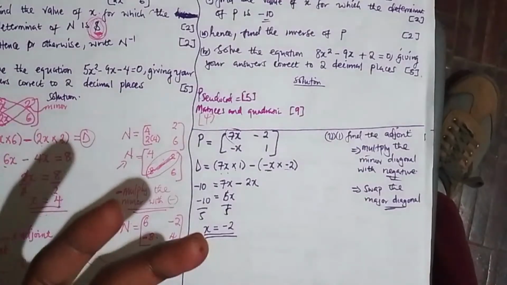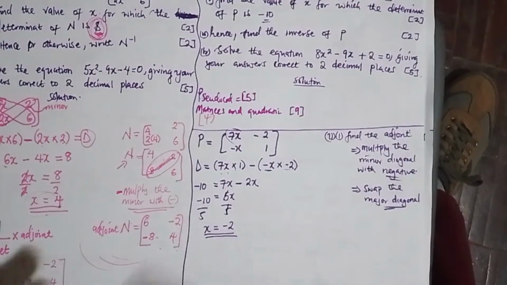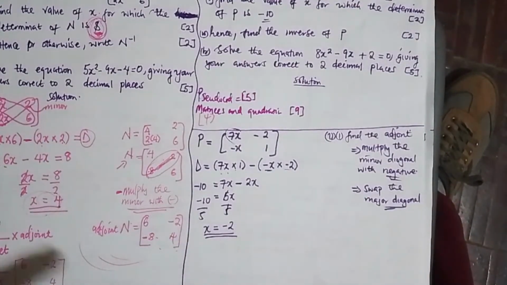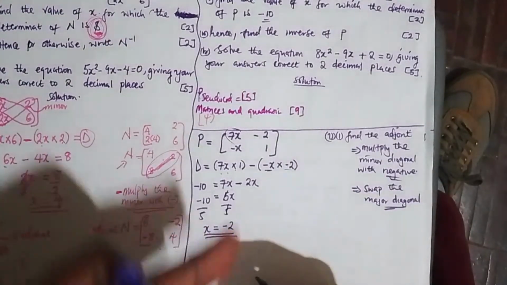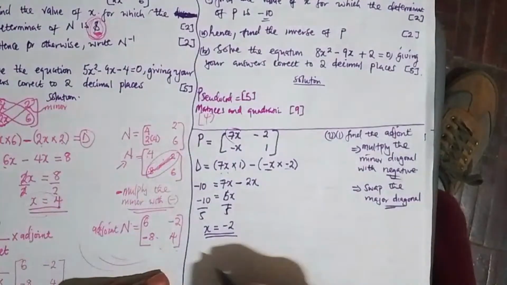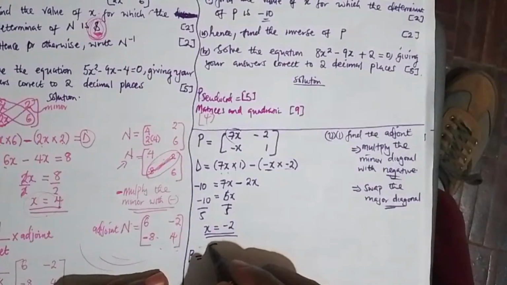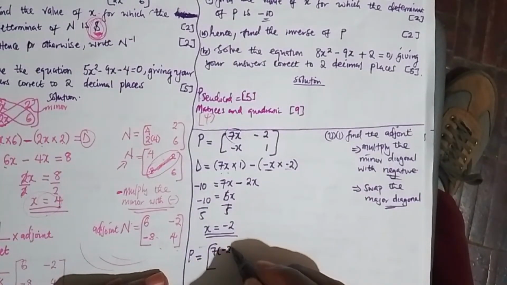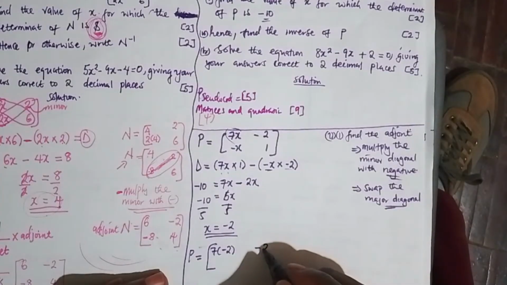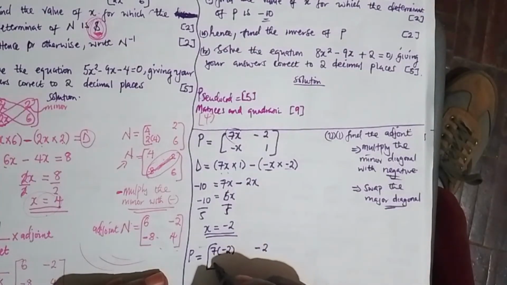So now how can we do that if we don't know the numbers? The first step is finding the numbers. So we said x is negative 2. So matrix P is equal to 7 multiplied by negative 2. Then here I have negative 2. Then here I have negative multiplied by negative 2.